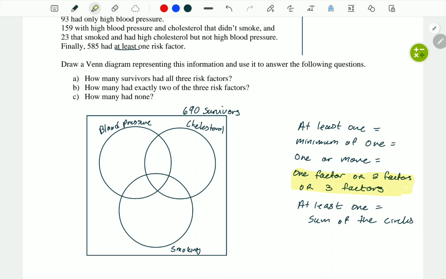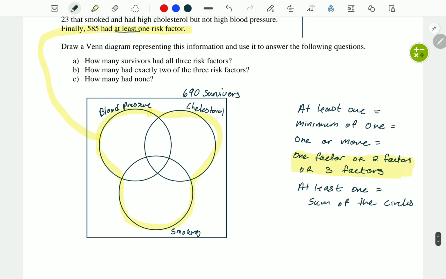So the total of these circles is going to equal 585.